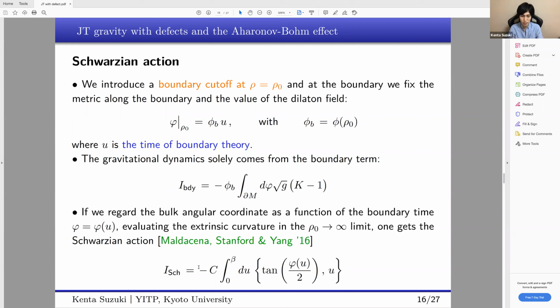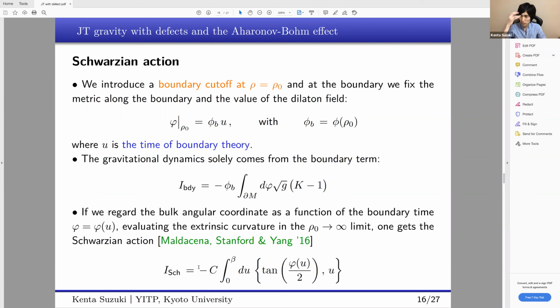This means that if we couple matter fields in this punctured disk geometry, actually they are not maximally chaotic, but the Lyapunov exponent is reduced by this conical defect angle.